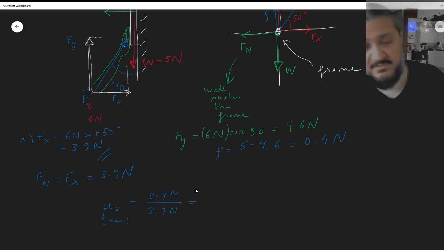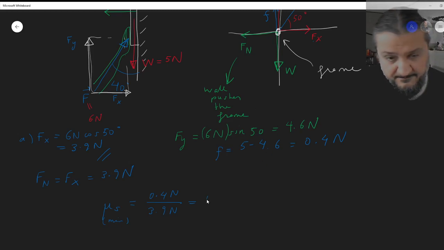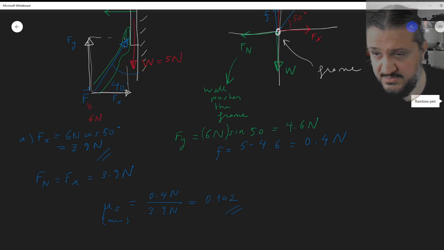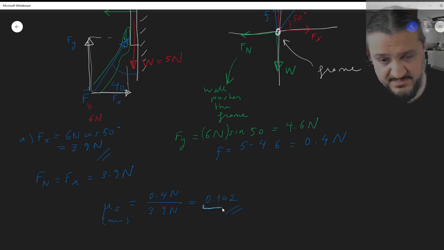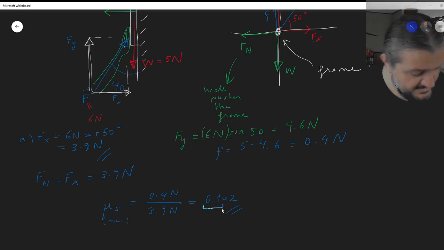Okay, that's going to be really small, but let's find the exact number: 0.102. Or just stick with the two significant figures, 0.1. Okay, so that is the coefficient of static friction. That was part C.